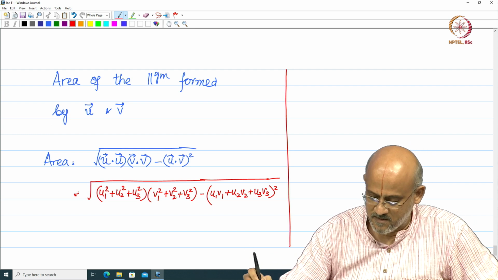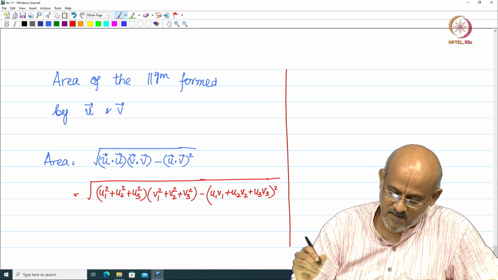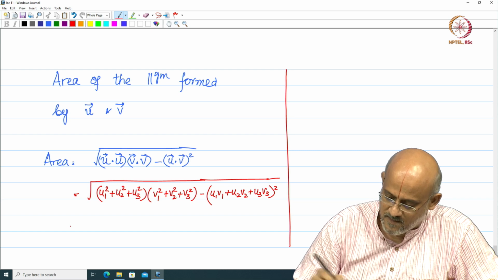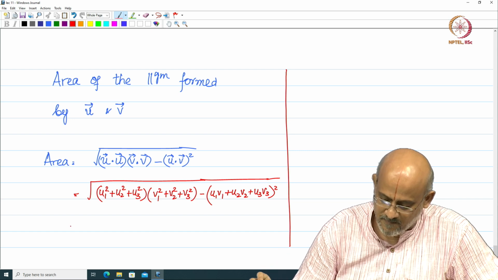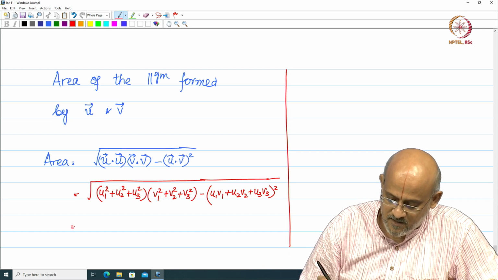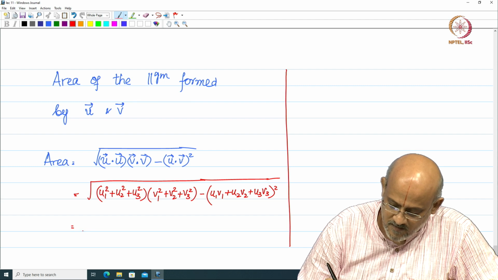If you do this, we find something interesting. So, if we simplify all these things, let us expand the bracket and do all the simplification. What are we going to get?